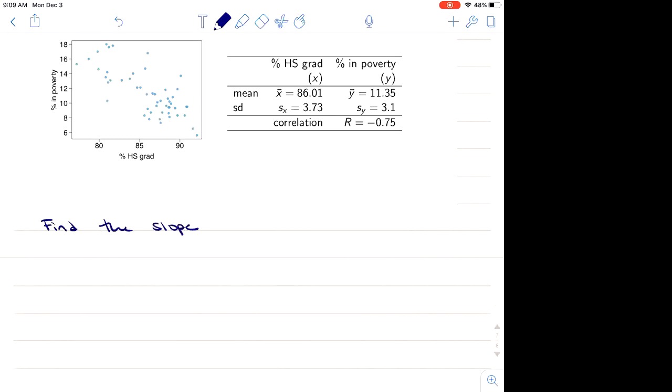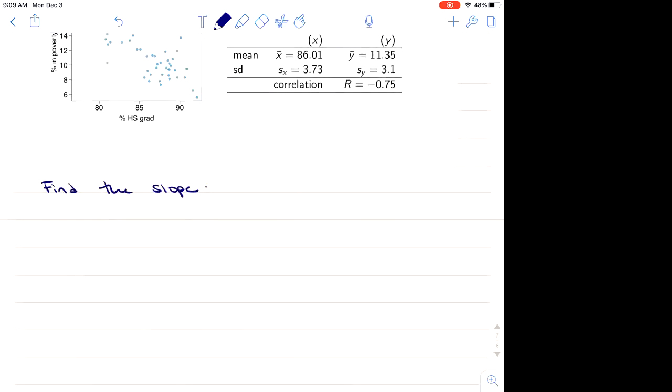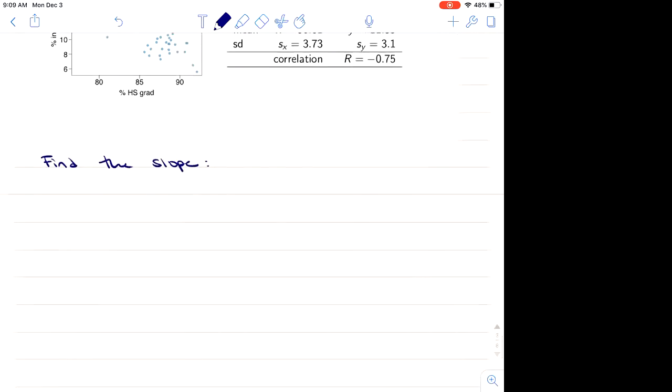Why do we have to find the slope first? Because we actually use the slope to find the intercept. Of course, on the final, if you find the wrong slope, but you follow through and do it correctly later on, then that's fine. You won't lose any marks, just for the slope calculation. I do follow through and make sure that the idea was there. So find the slope.